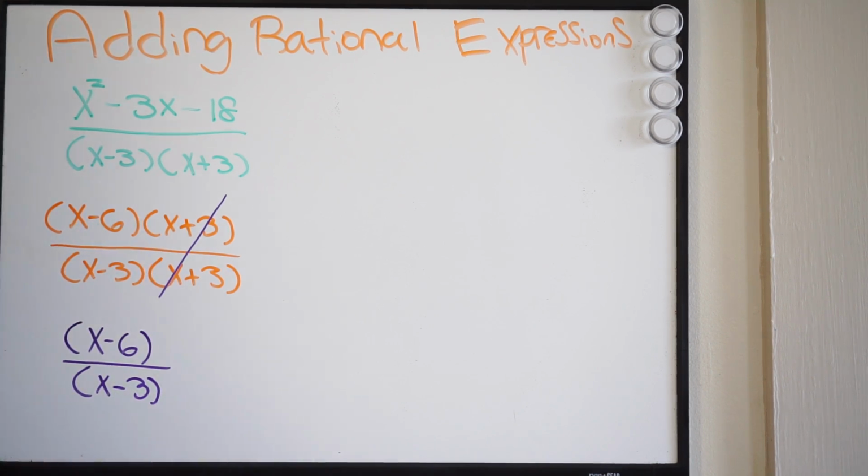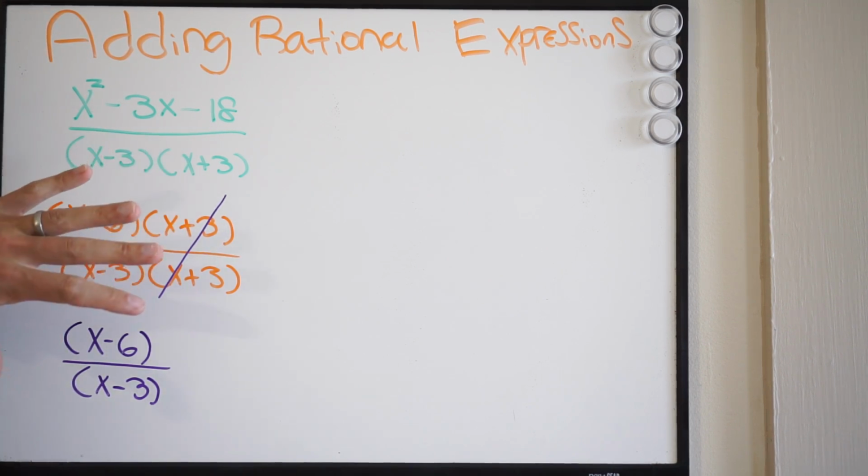Now, if they asked you to provide any values for x that would make this undefined, it's important that you use what you had before you canceled out a common factor.